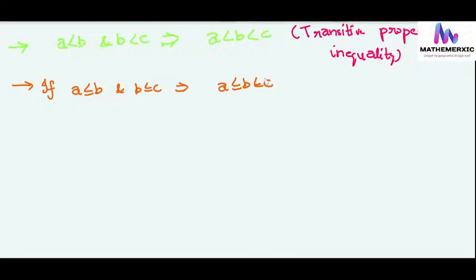And if A is less than B and B is greater than C, then we cannot relate A and C. Obviously, A and C can't be related there.